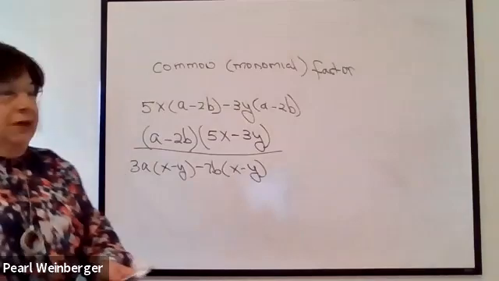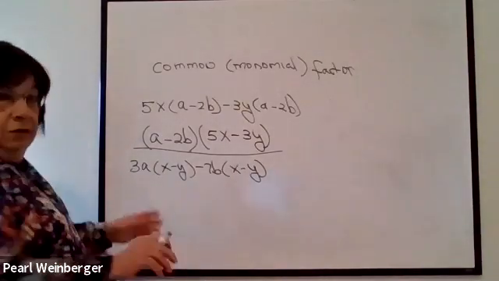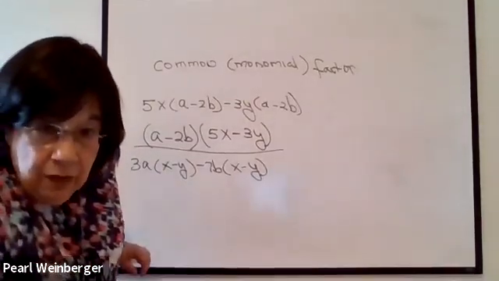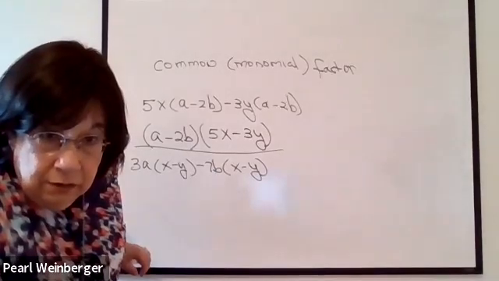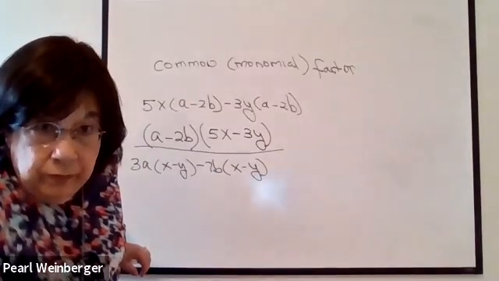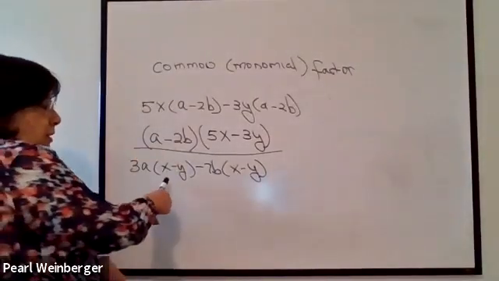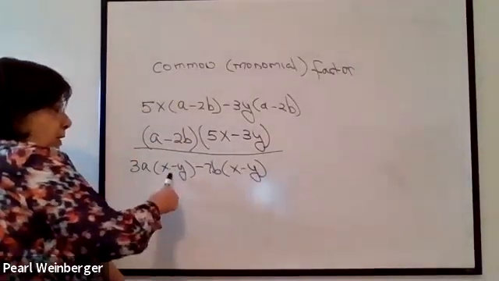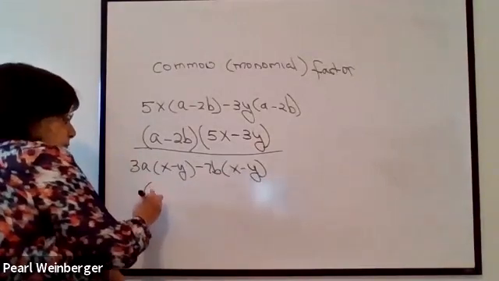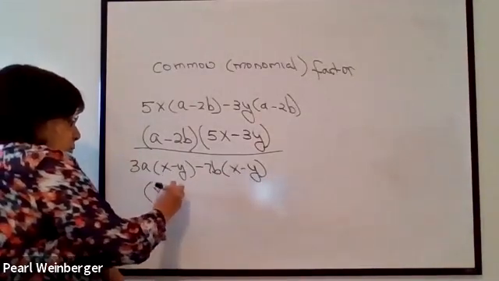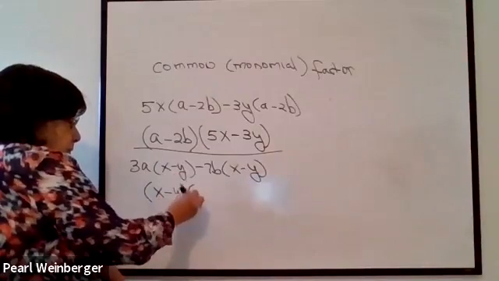Okay, Dion, great. I see you have an answer. And that is absolutely correct. If you notice, we have a common binomial factor of x minus y. So we're going to take that x minus y and put it in the front.